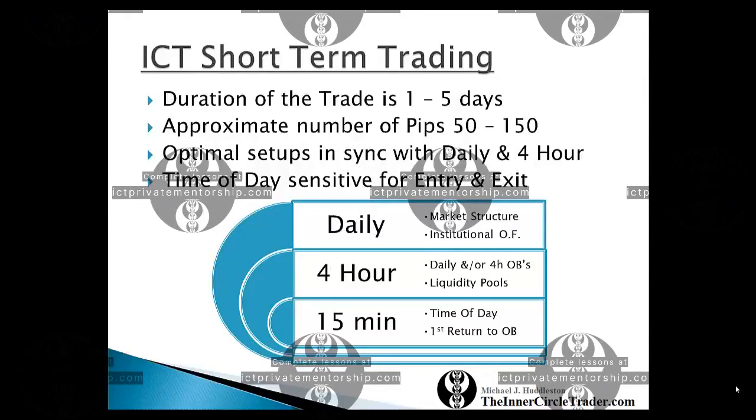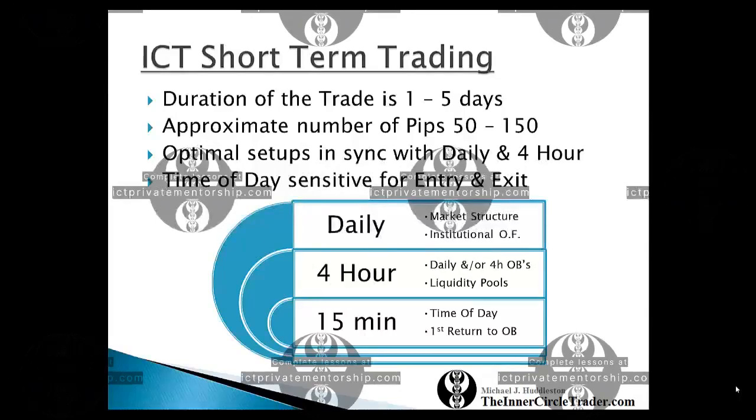Now the structure in which you work within to frame the ideas that you're either going to be buying or selling any of your pairs or asset classes, depending upon whatever market you're trading, because this is not limited to foreign exchange. We start with the daily chart, focusing specifically on the daily for overall market structure, key support resistance, and institutional order flow as it relates to order blocks and liquidity voids and liquidity pools.